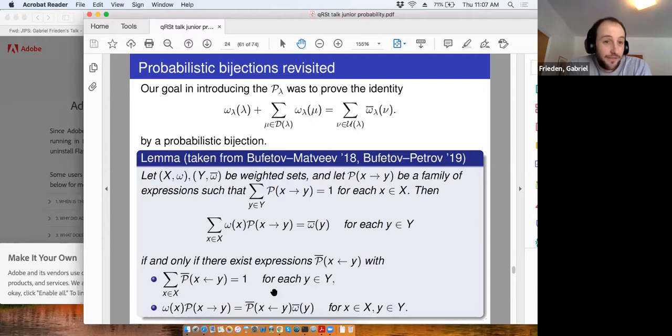In the deterministic setting, if you have a map and you want to prove that it's a bijection, often the best way to do that is to explicitly write down the inverse and check that it undoes your first map. This is the same idea: the best way to prove that we have a probabilistic bijection is to explicitly write down the inverse and show that they undo each other. This is the condition that needs to be satisfied.